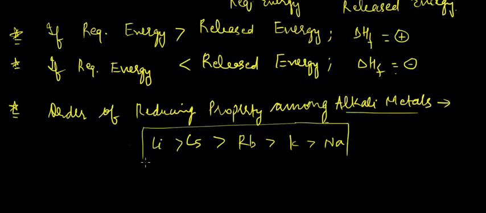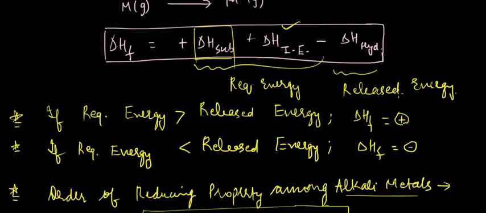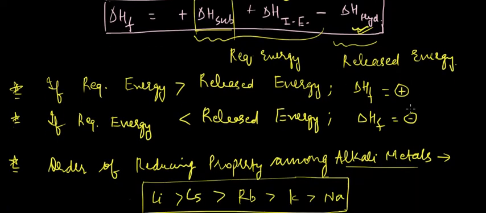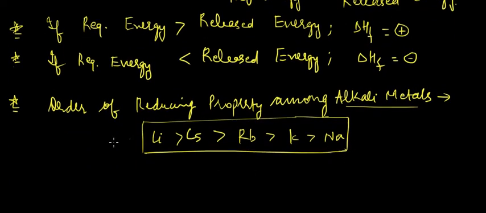And why is this the case? Because if we look at the equation of delta HF, we also have a delta H hydration in the picture. So delta H hydration for Li is very high. The energy released due to hydration of Li is very high, hence the delta HF of the overall reaction becomes very much negative for Li.